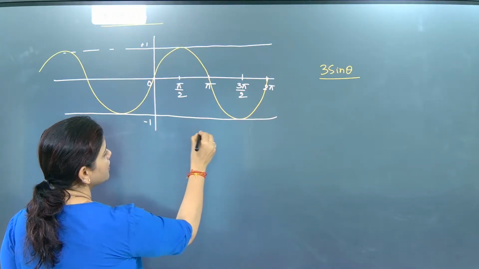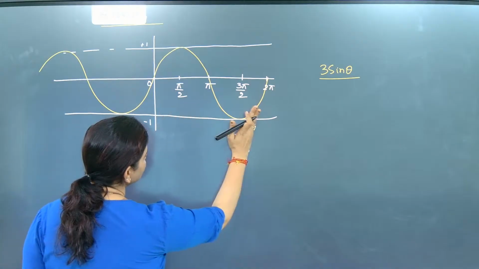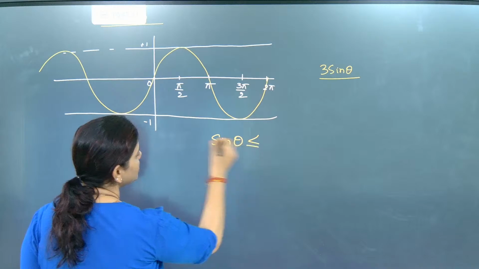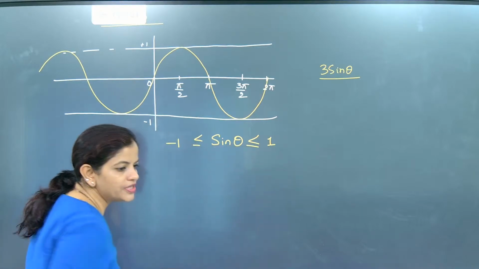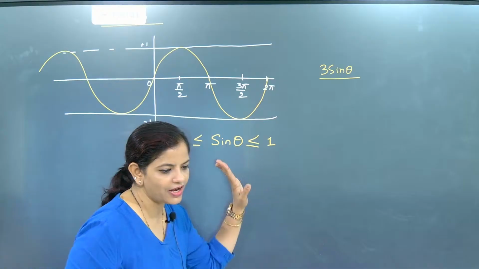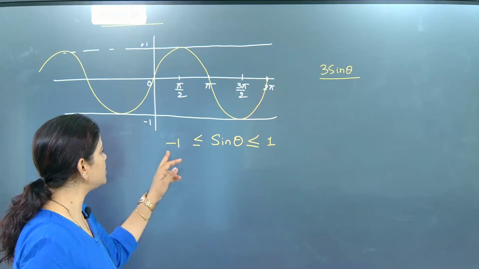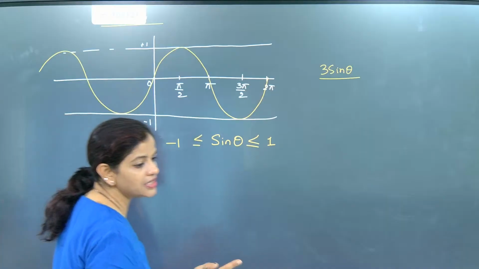Now look here, beta. When somebody gives you sine theta, it is correct. But when someone gives you 3 sine theta, we know that sine theta values lie between -1 and +1, so the lowest value is -1 and the highest value is 1. It is different. Now they have given you the question 3 sine theta.